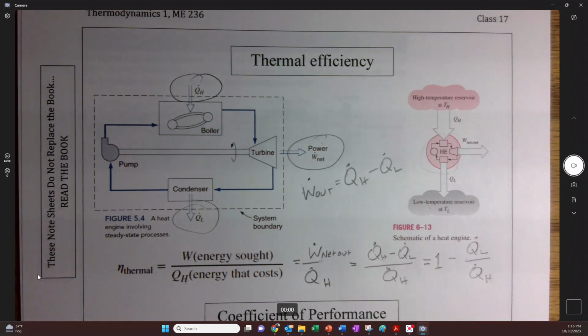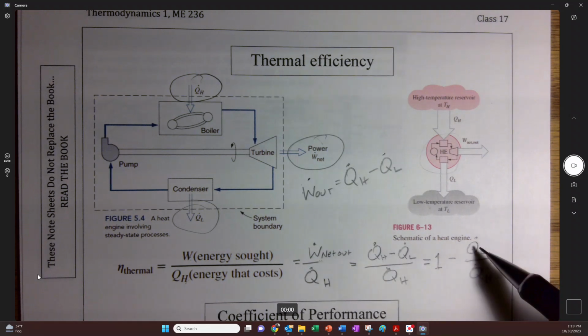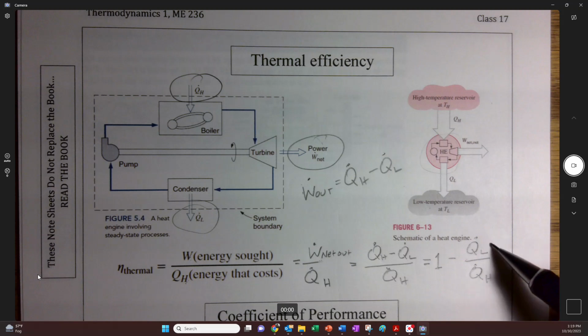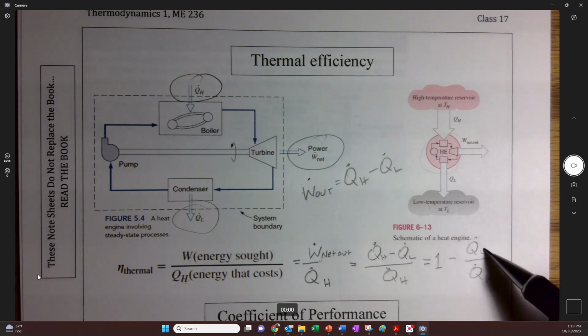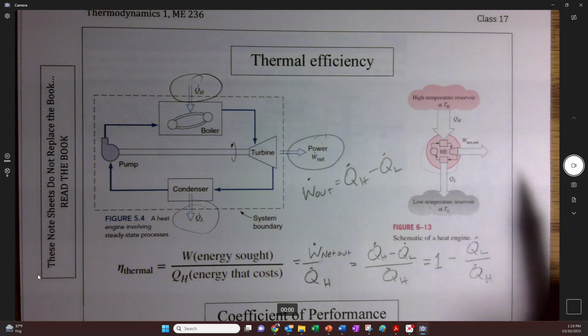And this is an important concept right here, something to keep in mind, that in order to make a high efficiency, you need to have this quantity be as small as possible because you're subtracting from 1. If they were to equal each other, you'd have a 0 efficiency.